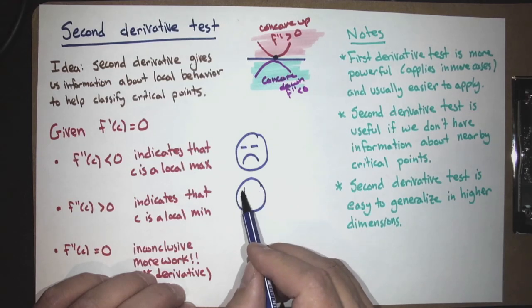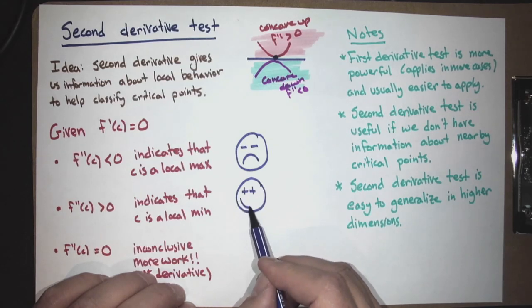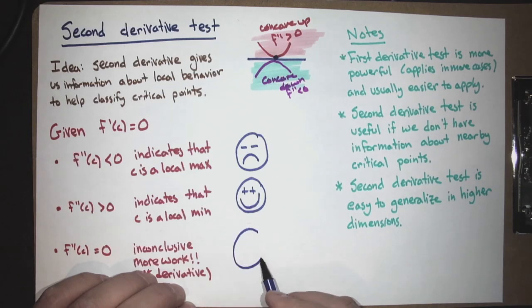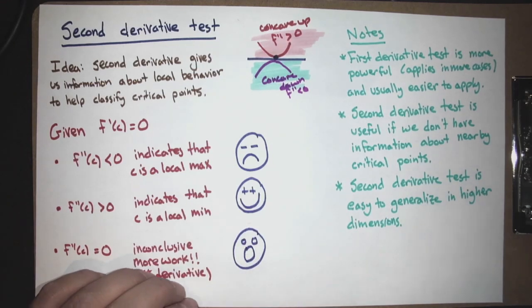If the second derivative is positive, I look like this type of curve. And if the second derivative is 0, I have no idea. It's like that famous painting, The Scream. We just don't know. We just don't know. All right.